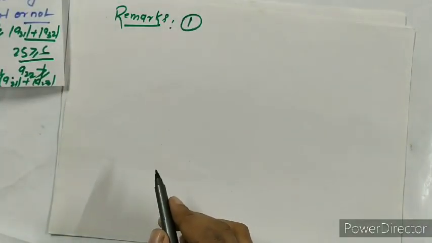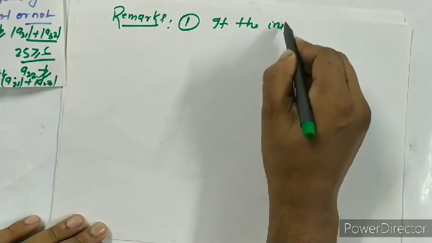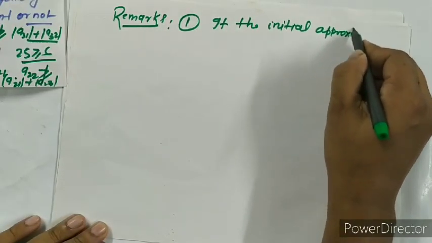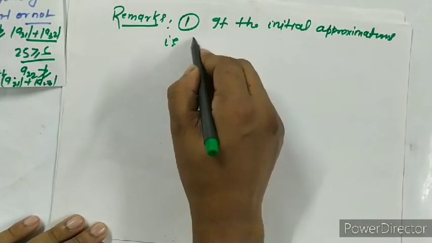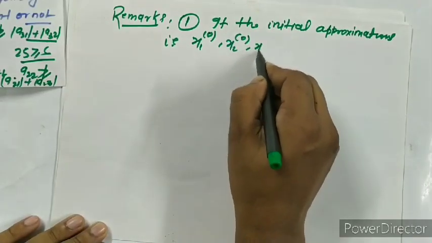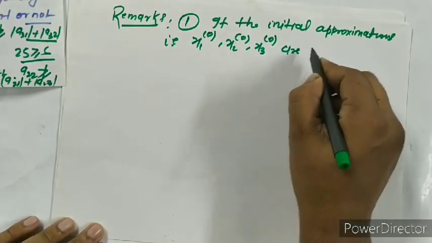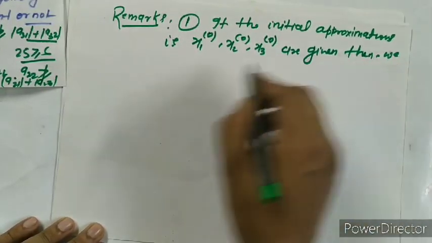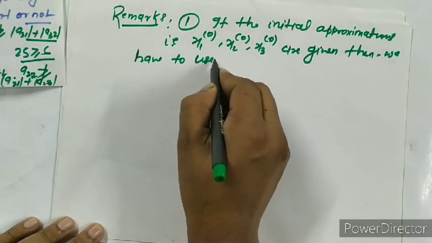So if the initial approximations, that is x1(0), x2(0), x3(0) are given, then we have to use it.